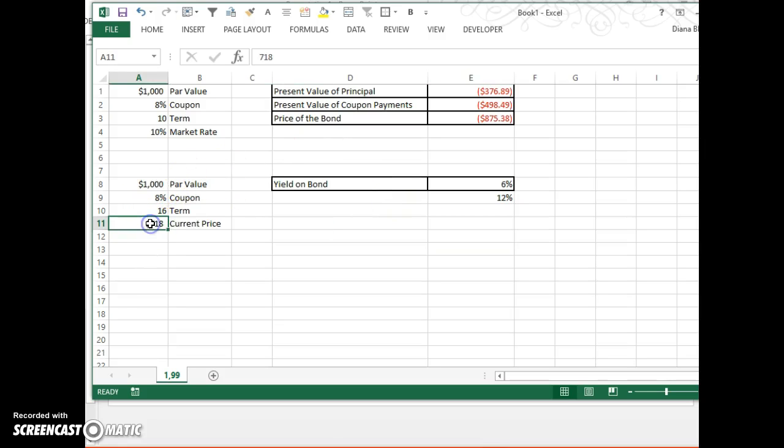If we pay $718 for it today, and we get 8% coupon payments for 16 more years, and then the principal back, that means we'll be getting 12% yield. So those are some examples of how you're going to use the present value functions that we learned last week to apply those to a bond to find out prices and yield on bonds.